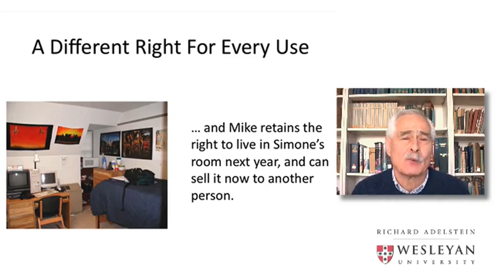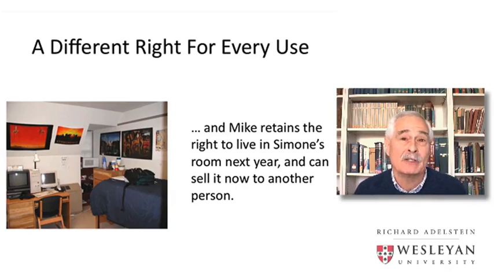Mayor Dan has the right to prohibit the pizza parlor right now, etc. But in the housing contract, Simone has only purchased what rights she has in the dormitory room from Mike for the academic year that begins in September and ends in June. This is the year 2012 and 13, and Simone's housing contract would expire in June of 2013.